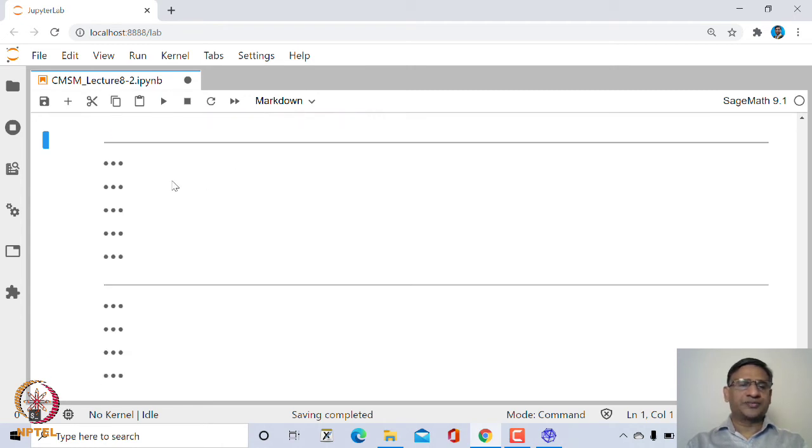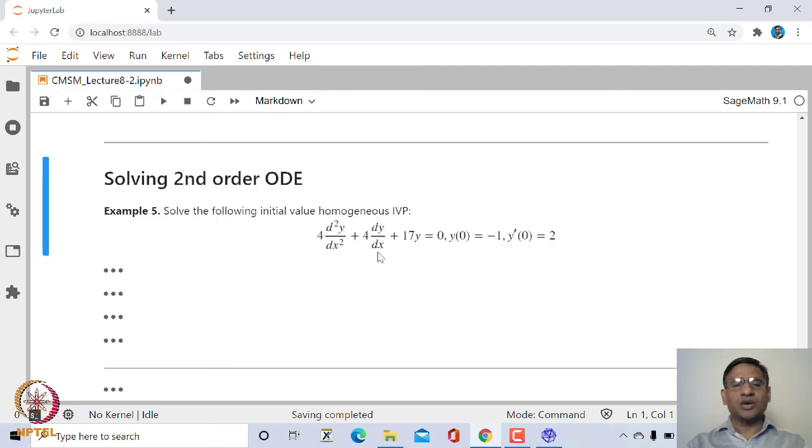Okay, next let us look at how to solve a second order ordinary differential equation. So this is a second order ordinary differential equation, initial value problem. This is actually a homogeneous second order ordinary differential equation, and these are the initial conditions. We want to solve this.